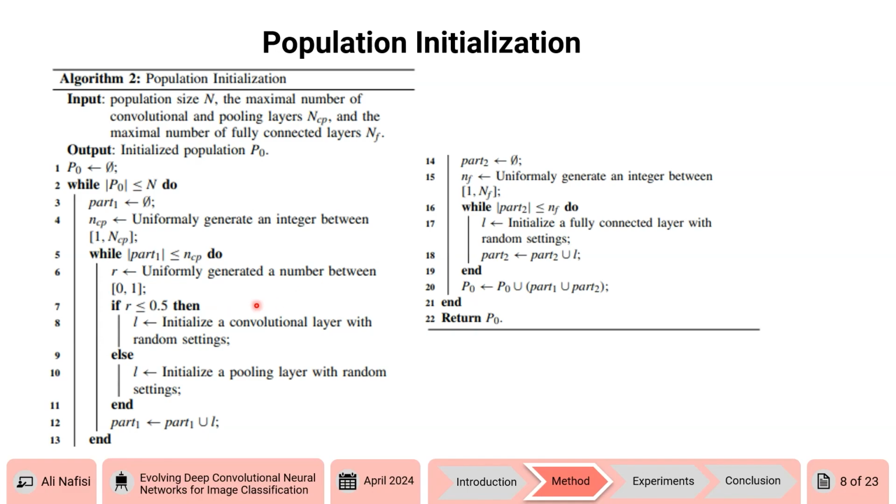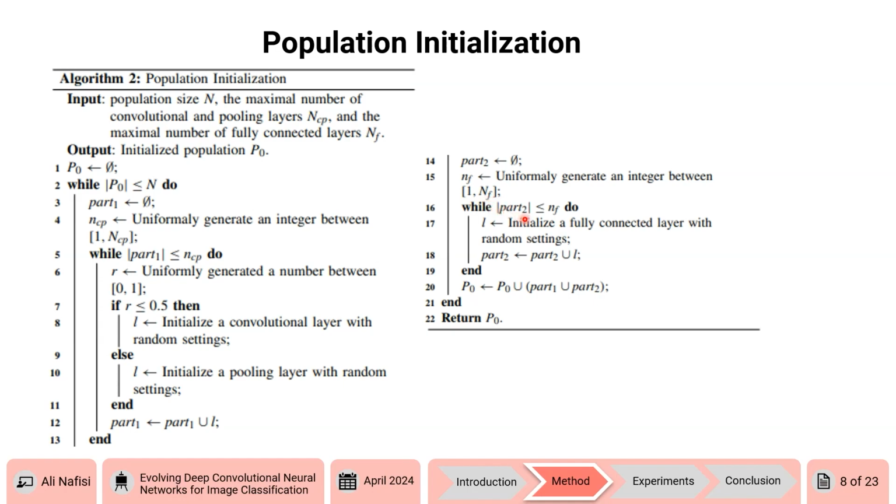After that, we have the second part, where we put some fully connected layers followed by those pooling and convolutional layers. Here also we generate a single integer in the range from 1 to N of F, and at the extreme level we can have only one fully connected layer or N of F fully connected layers.